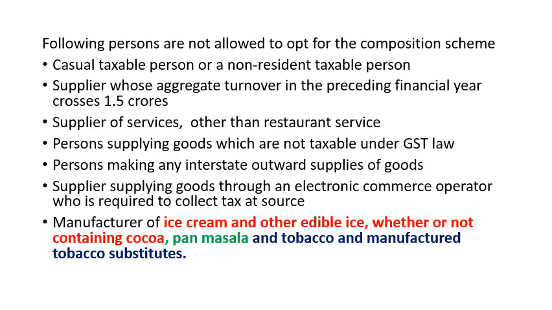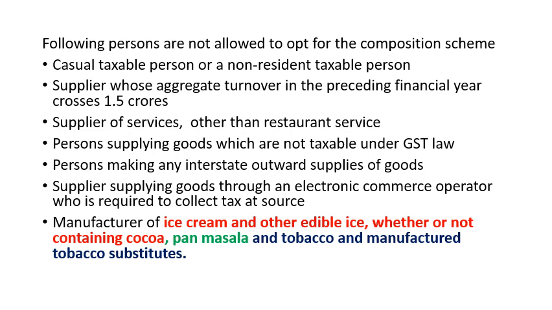Then a supplier whose aggregate turnover in the preceding financial year crosses 1.5 crore, the registration applicable limit, that is 1.5 crore. If it exceeds that 1.5 crore, then they will register under the regular scheme.